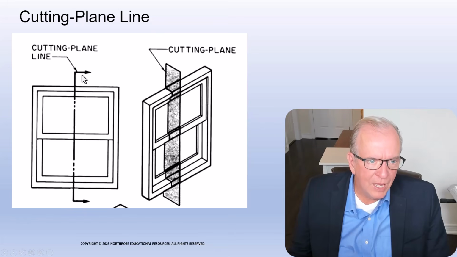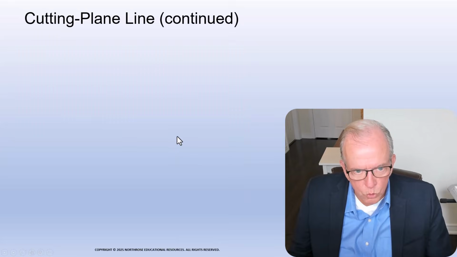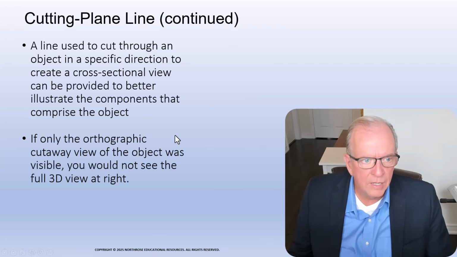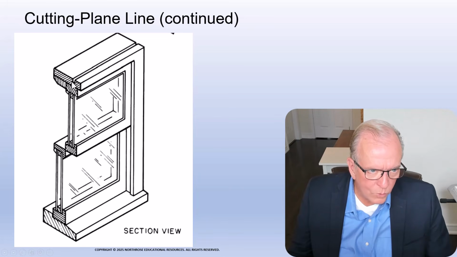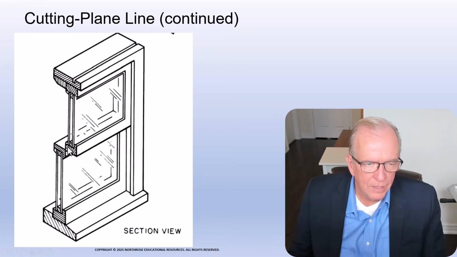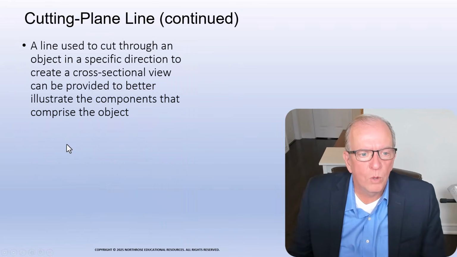A cutting plane line, just to reiterate, is where you cut through something. So you cut through something and you look inside to see what you actually see. So I'm cutting through it and I'm seeing only the end grain, only the glass. I would only be seeing the end of it. And there would be a section detail that would look straight on at what you're seeing, right?